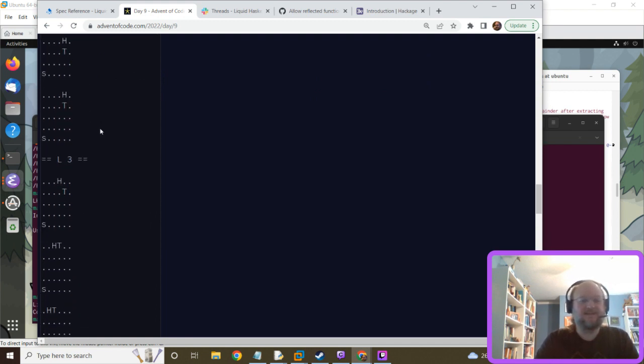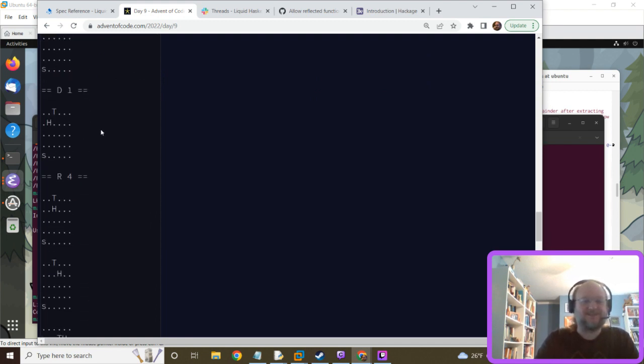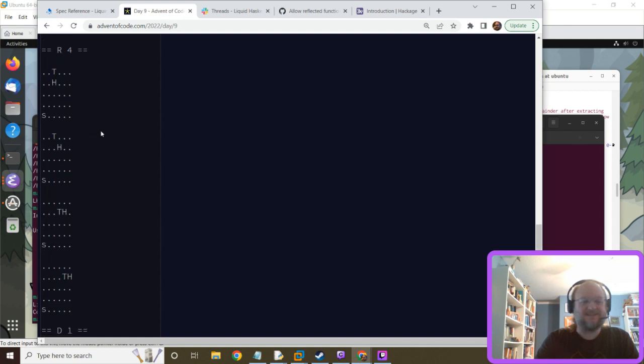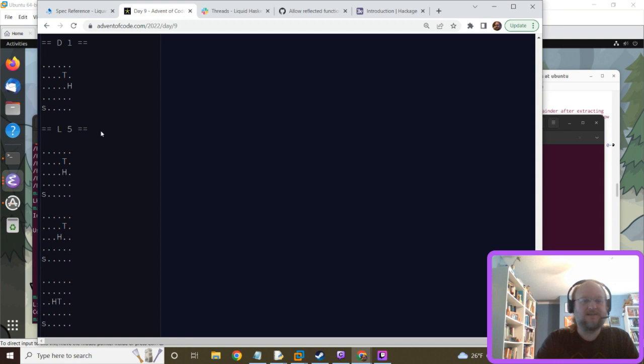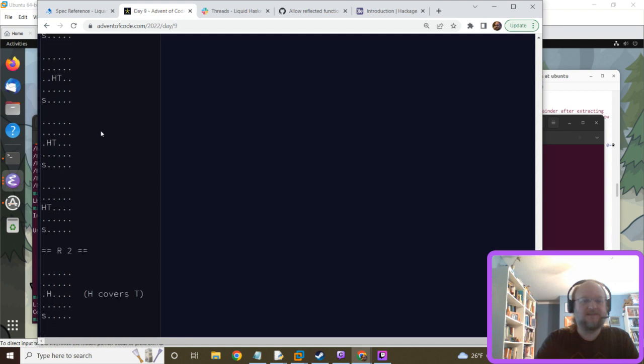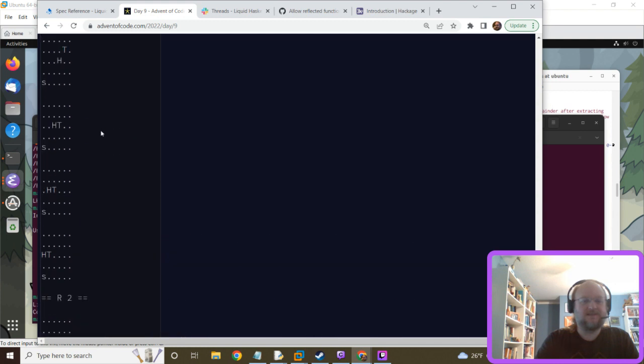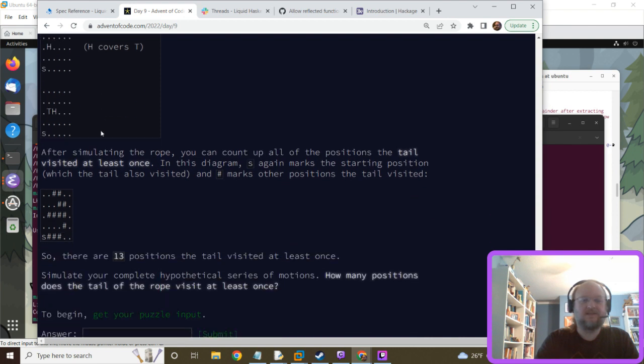Okay, so we can reuse all our fancy matrix code from yesterday. Simulating the rope, you can count up all the positions the tail visited at least once.